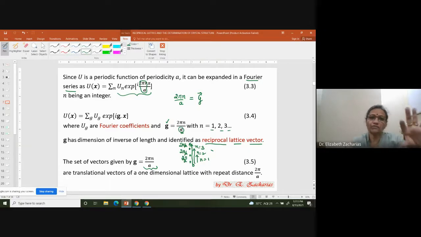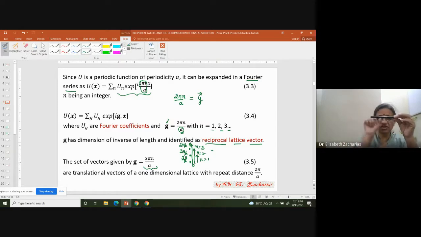Okay, so what you have studied here is, if I have a one-dimensional collection of lattice points having identical atoms or ions, I won't specify ions and atoms, let's just take it as the same. Each atom or ion is sitting at these lattice points.